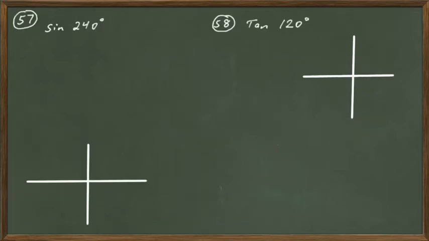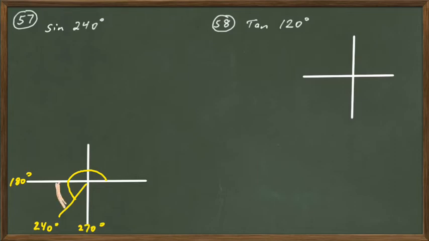Now we want to find these trig values, the sine of 240 degrees. If I go over to here, that's 180 degrees. This would be 270. I don't want to go all the way to 270. I want to go to 240. Now I look at my reference angle, which is this.